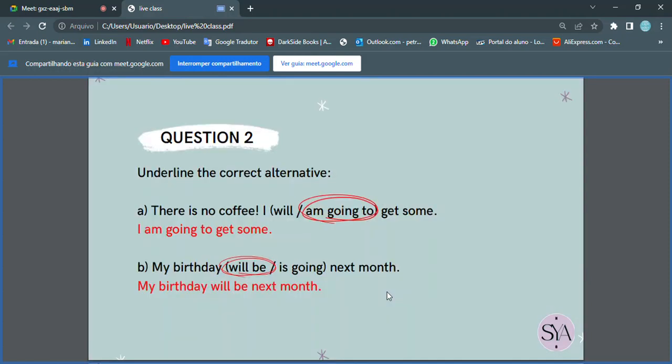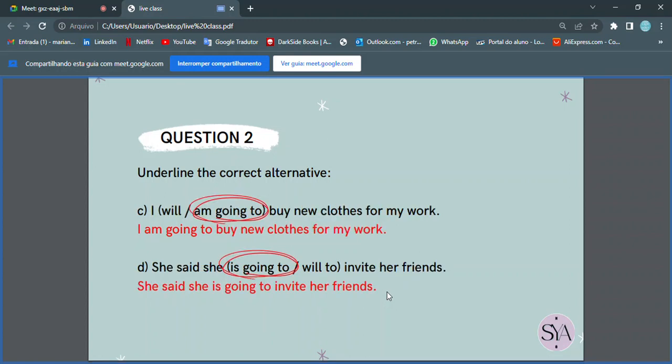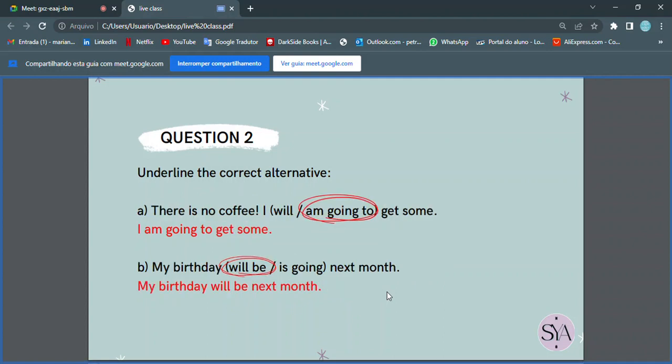So for the next question, you just have to underline the correct affirmative. We have four sentences, and you have to choose between will or going to, right? So this sentence here: there is no coffee, I will or I'm going to get some.